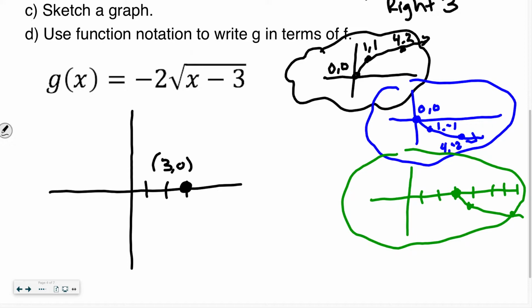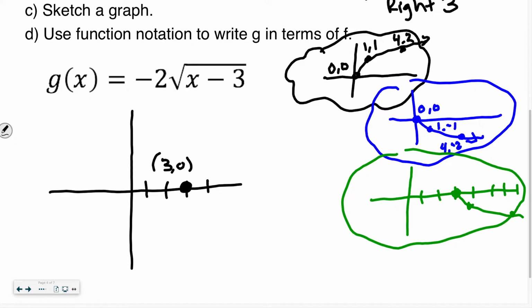This point would be 1, 2, 3, 4, negative 1. When I move that point right 3, it gets to 4. But I'm going to be stretching the y value. The y value was first down 1, or negative 1. When I multiply that by 2, I'm going to be going down 2.